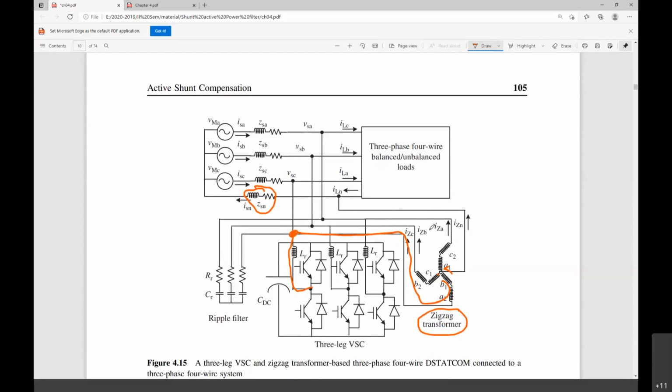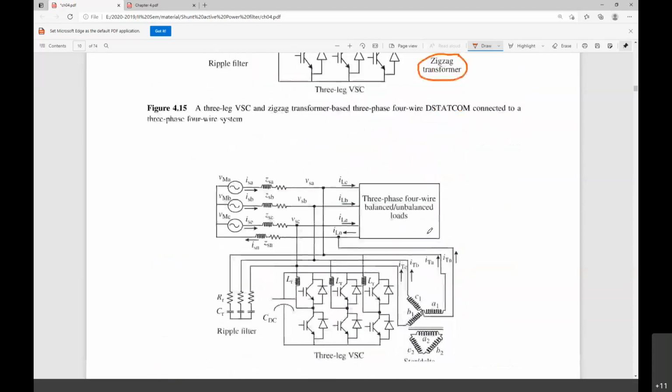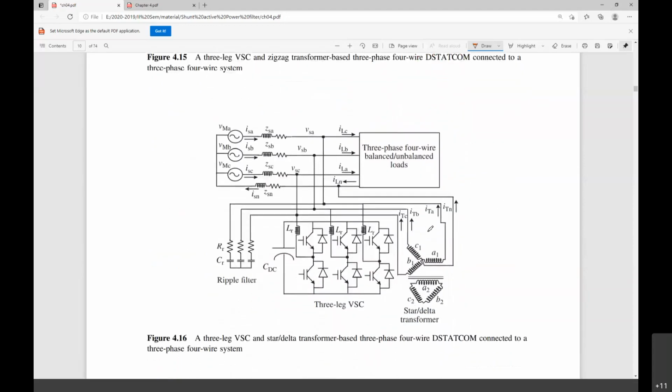This way, current quality improvement can be done in a three-phase 4-wire distribution system. This is one more transformer, a star delta transformer, which also makes it possible to improve the current quality in a three-phase 4-wire distribution system.